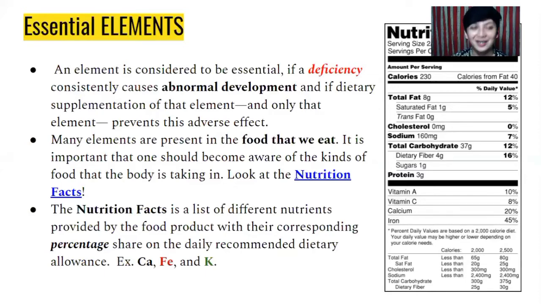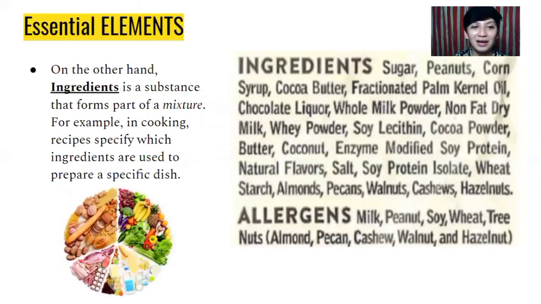On the other hand, an ingredient is a substance that forms part of a mixture. A mixture is composed of either elements or compounds. Many compounds or pure substances mixed together are considered a mixture. For example, cooking recipes specify which ingredients are used to prepare a specific dish.